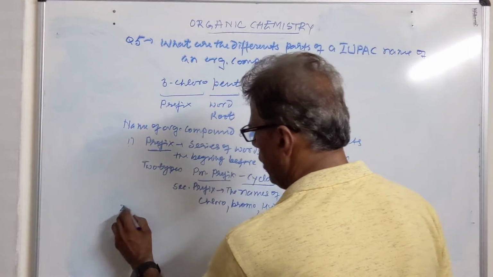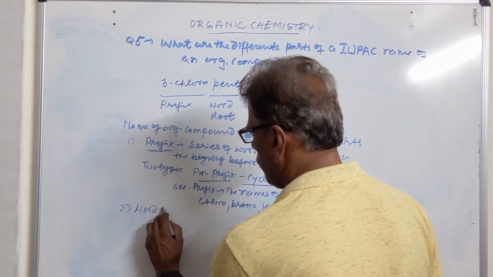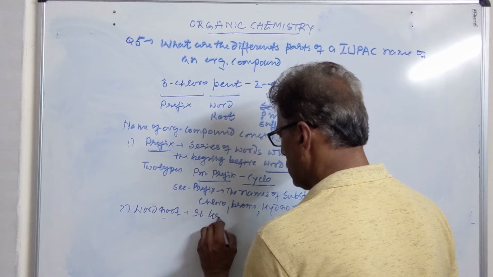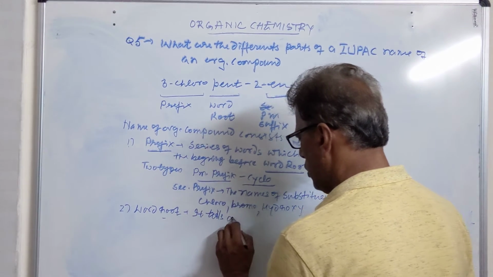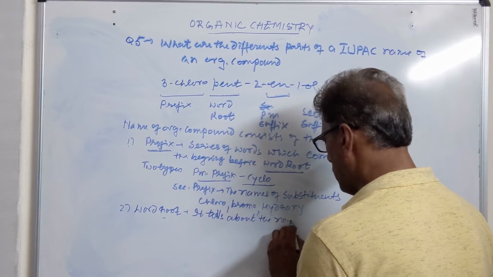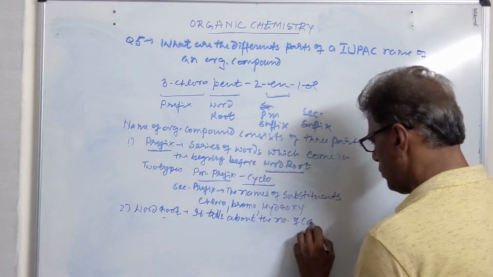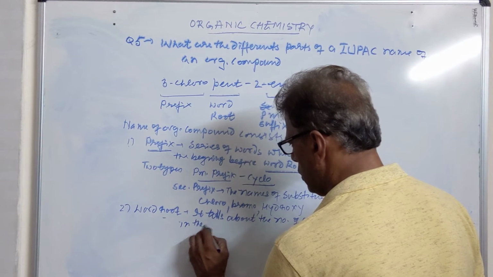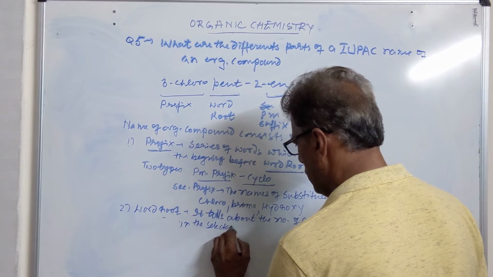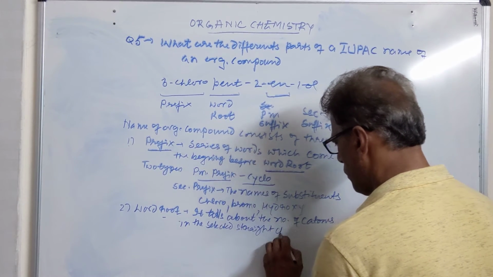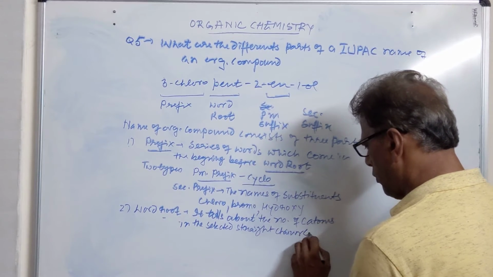Then we have second, word root. It tells us about the number of carbon atoms in the selected chain or cycle of carbon atoms.